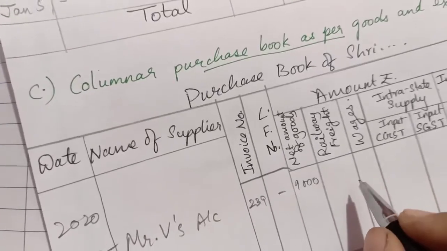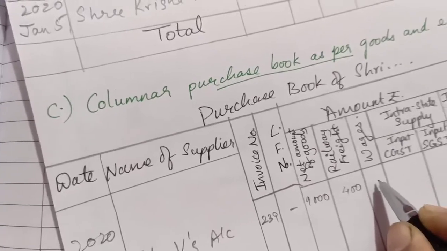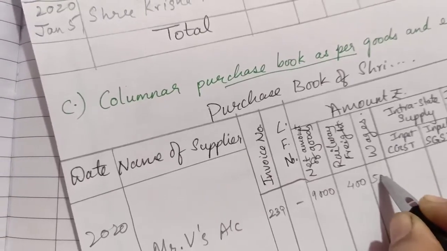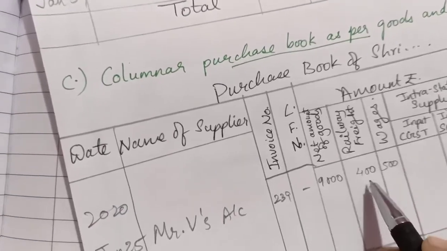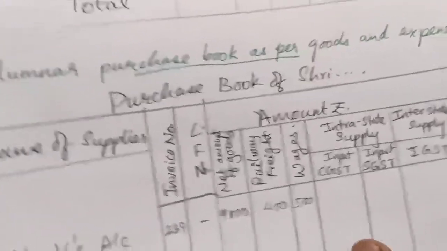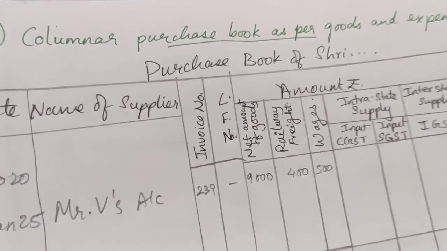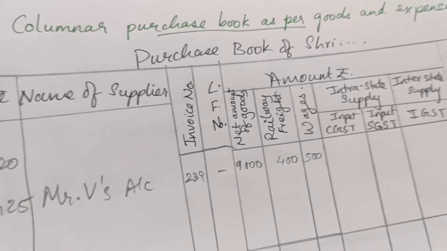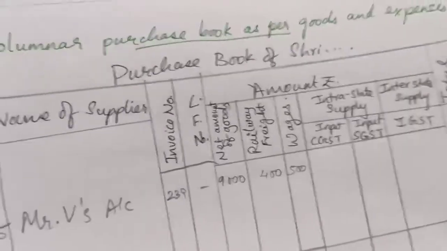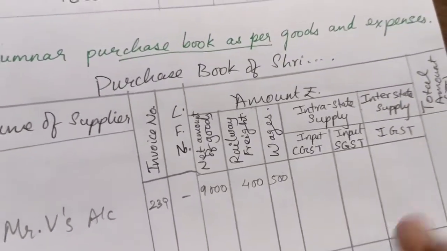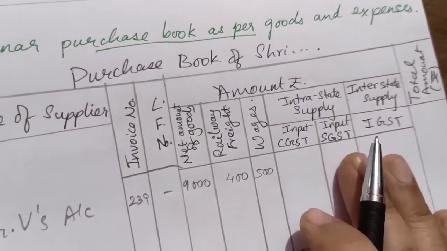Then the railway freight of rupees 400 is paid. So 400. Wages of 500 is also paid for the labor cost. So 9,000, 400 and 500. Now we need to calculate CGST and SGST. We know that for interstate it is IGST, which is 12%, and for intrastate, that is inside the state, it is 6% CGST and 6% SGST.